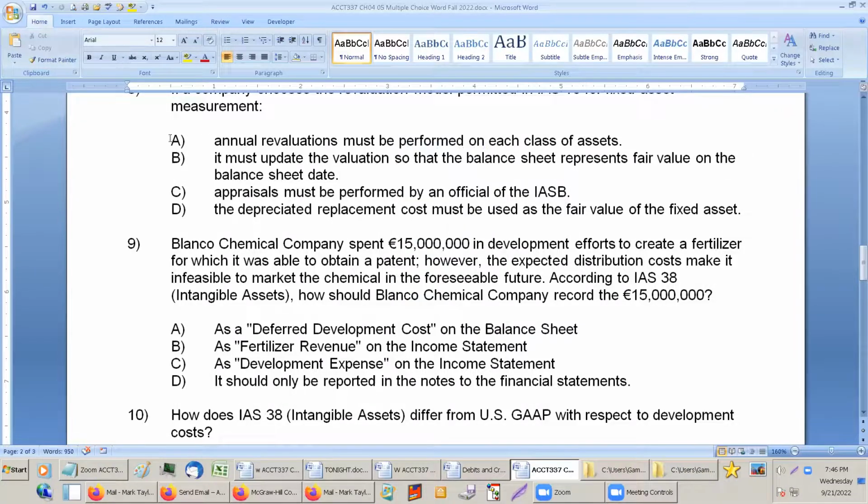Well, first of all, this first one is not true. You don't have to have an annual revaluation. You have to have a revaluation at reasonable periods of time. They don't tell you how long that is. It could be 1 year, it could be 5 years, whatever.